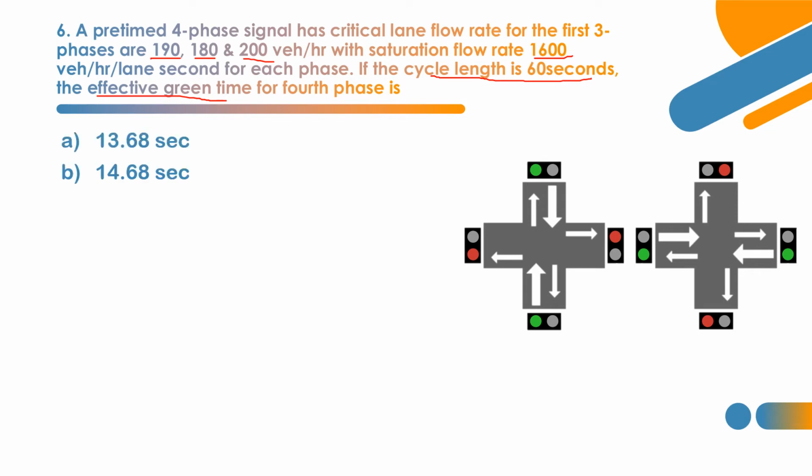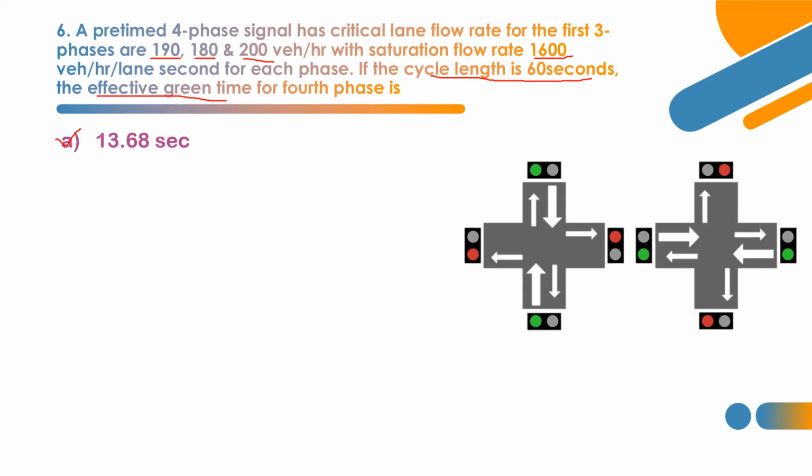We have to adopt Webster's method. The saturation flow rate is constant for all the phases. So the correct option is option A, 13.68 seconds.